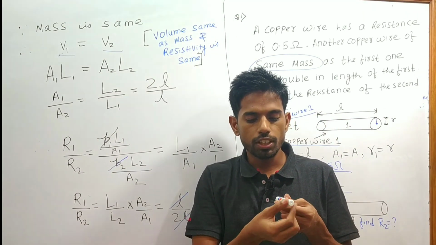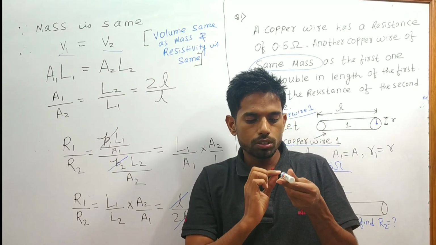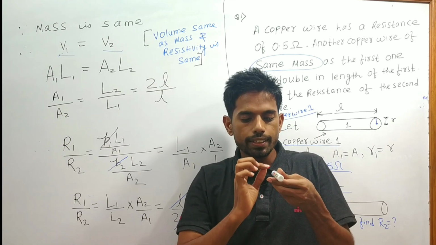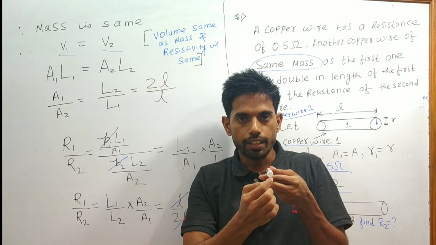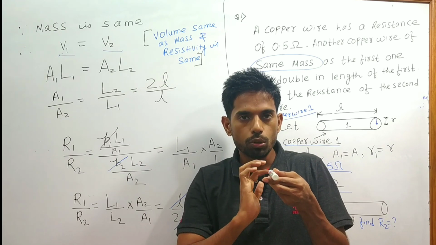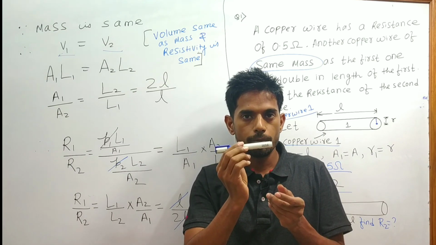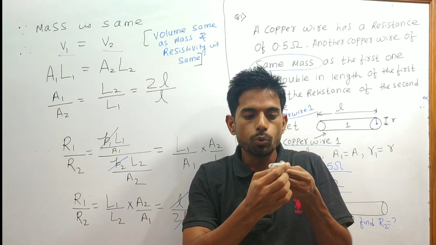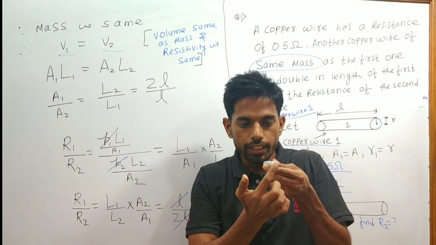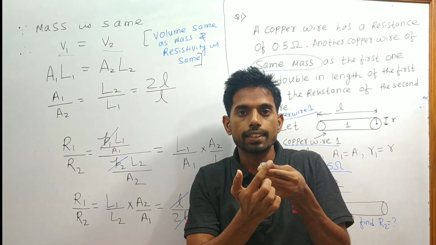See, this is a cylindrical wire. Suppose this is a cylindrical wire, its length is L and its cross section area is A. So how to find the volume of this wire? Volume of this wire is length into area. This area is called cross sectional area.